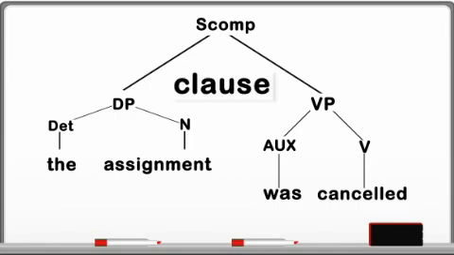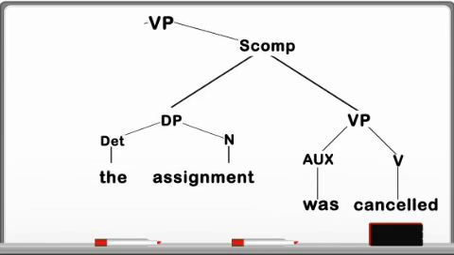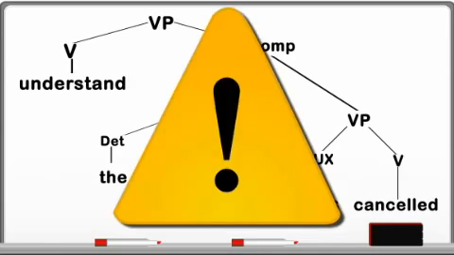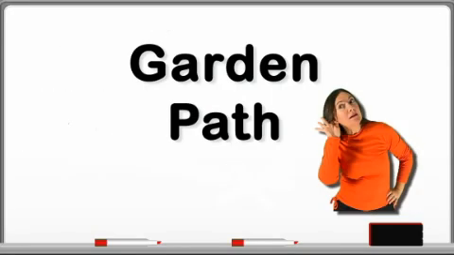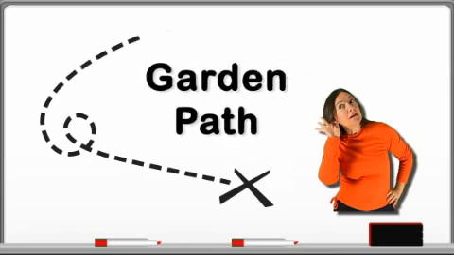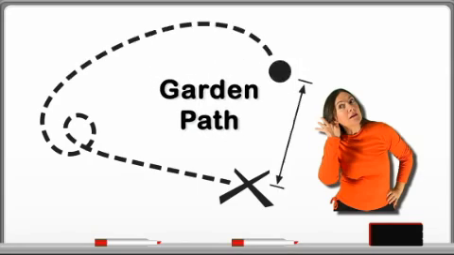The assignment was canceled. This new clause is free to become the clausal complement of the main verb, understand. By following a minimal attachment strategy, the parser has made a mistake, overlooking a silent clause boundary. Psycholinguists call such errors garden paths, a path that leads the listener astray.